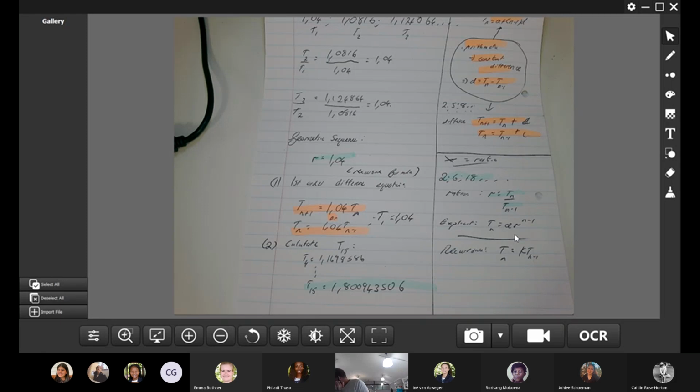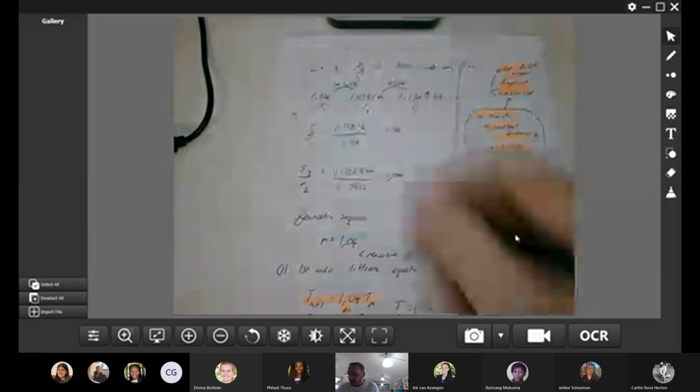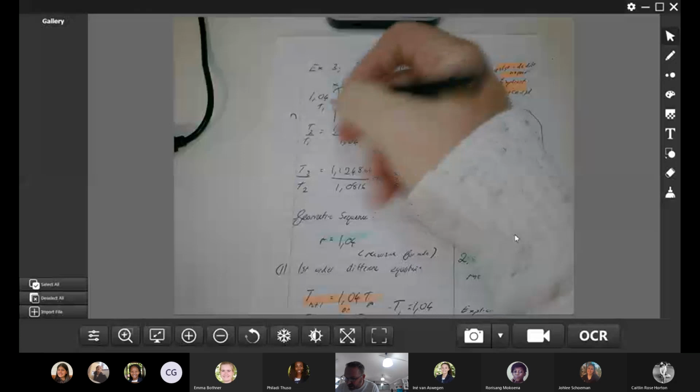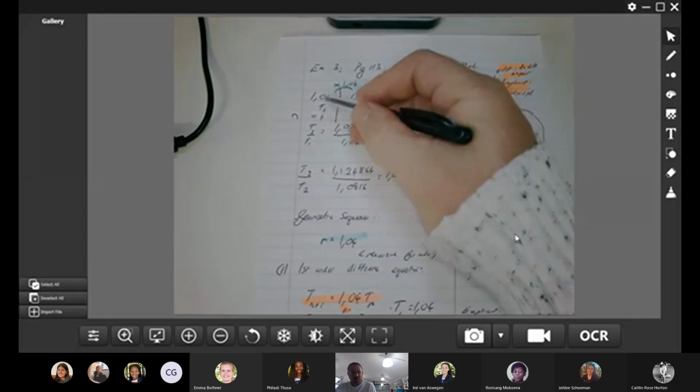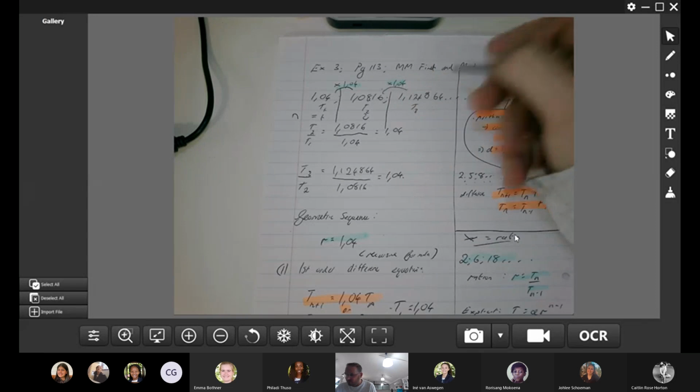Question 3 now says, determine the general solution. So what does the general solution mean? It means the value of the term is a function of its position. So in this sequence, remember n: here n is 1, so term 1 is 1,04. Here n is 2, so term 2 is 1,0816.